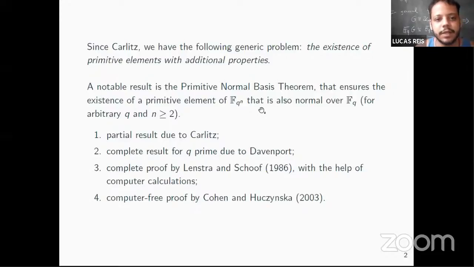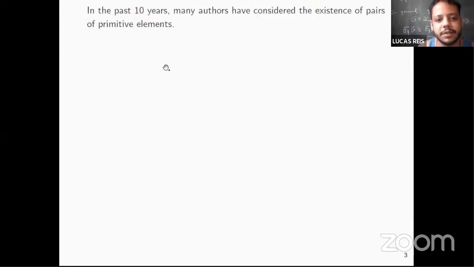So this is just the initial motivation, the existence of primitive elements with additional properties, but the focus of the motivation part in this talk is the problem of finding pairs of primitive elements.